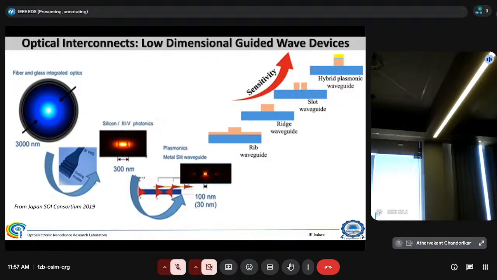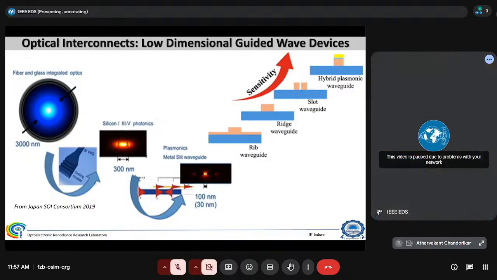When you further come down, you can have plasmonic confinement, which is maybe 100 nanometer, even 30 nanometer or so. So in that range from silicon and III-V semiconductor to plasmonic, you may have several waveguide geometries to make your devices.